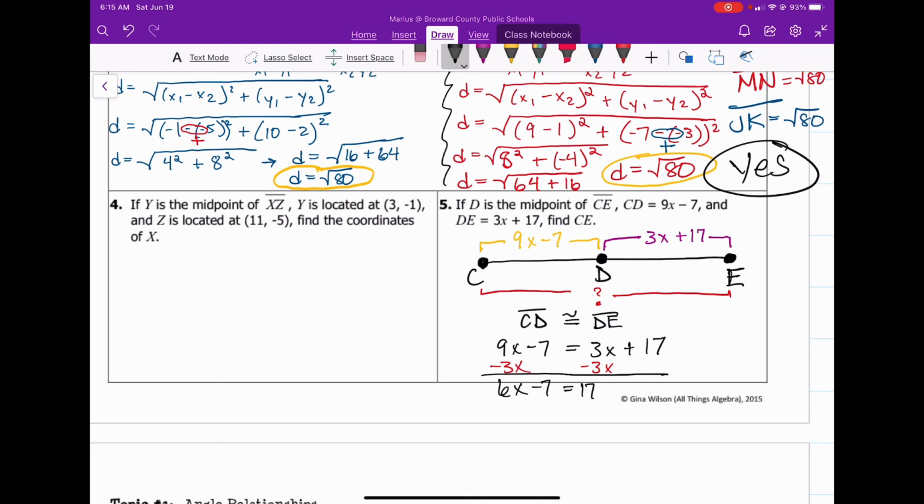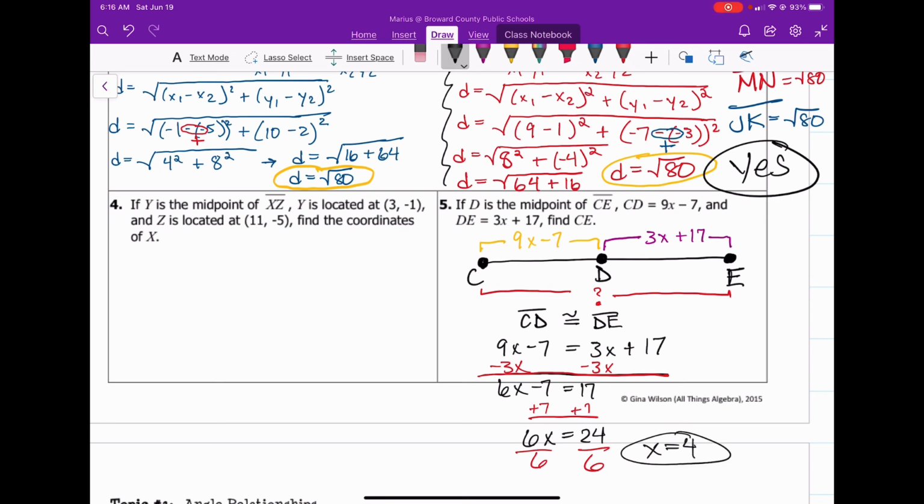Then we're going to add 7 to both sides. All right. So when we add 7 to both sides, that's going to give us 6x equals 24. Divide both sides by 6. X is equal to 4.